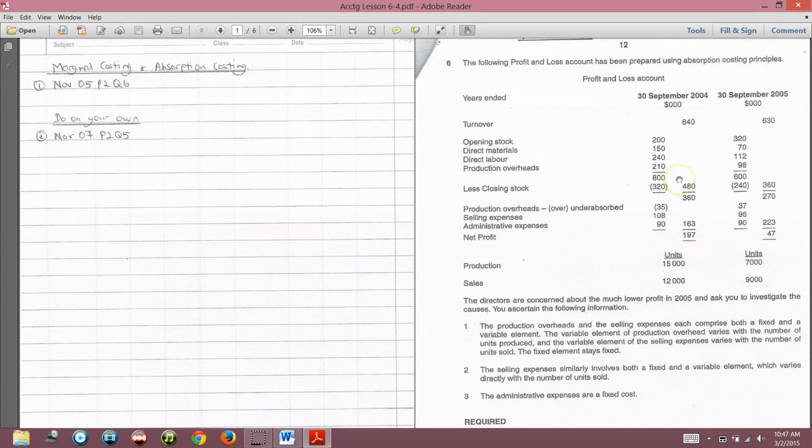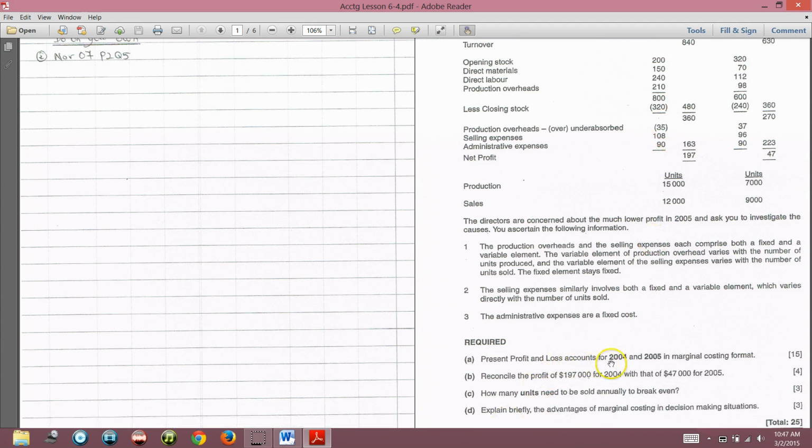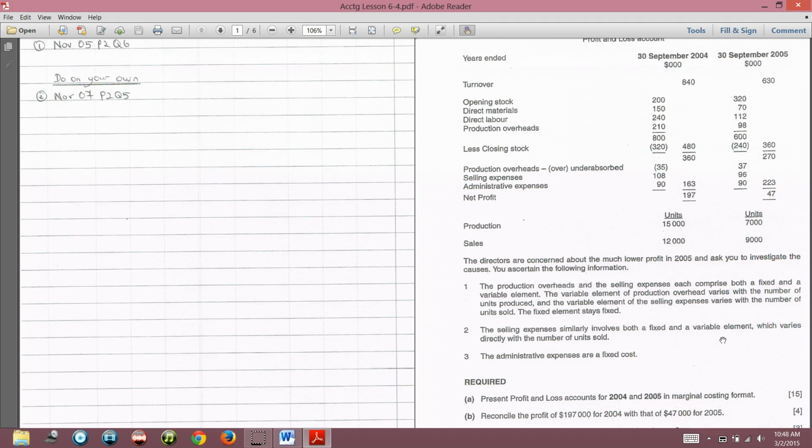But if you want to prepare a profit and loss account in marginal costing format, this is for internal purpose, to show our boss, so that the management of the company can make a better decision for the company. Okay, so what is this? Prepare the profit and loss account in a marginal costing format.